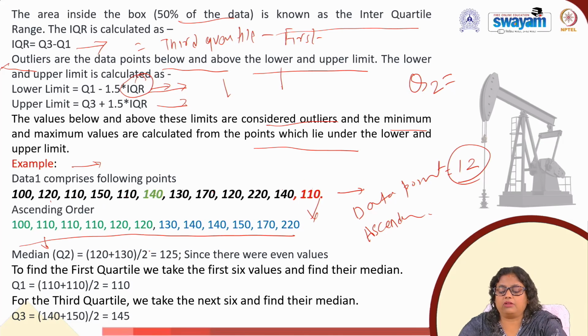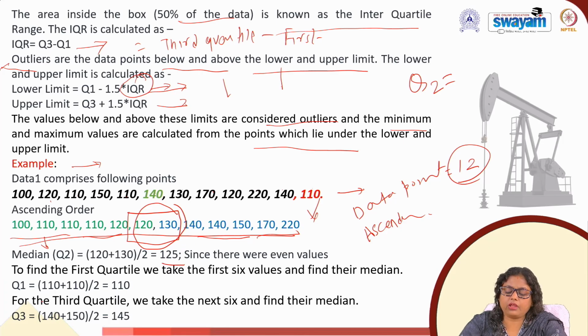So when we calculate the median, we need to see the middle two numbers. Here we have taken 120 and 130, with 5 points on one side and 5 points on the other. These two values we consider for the median. So the median Q2 is (120 plus 130) divided by 2, which is 125.